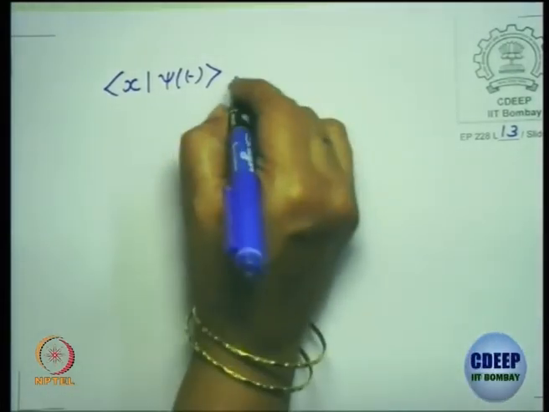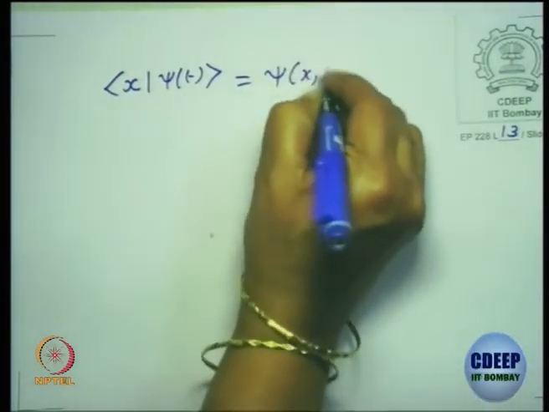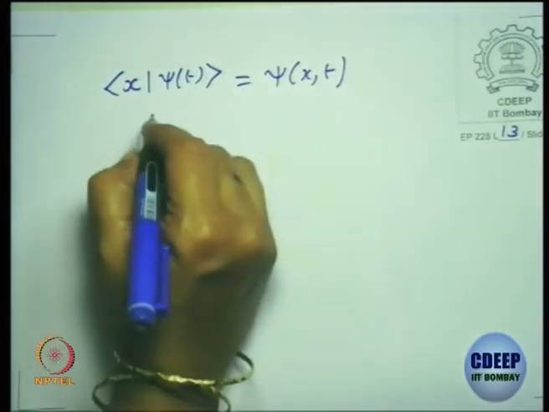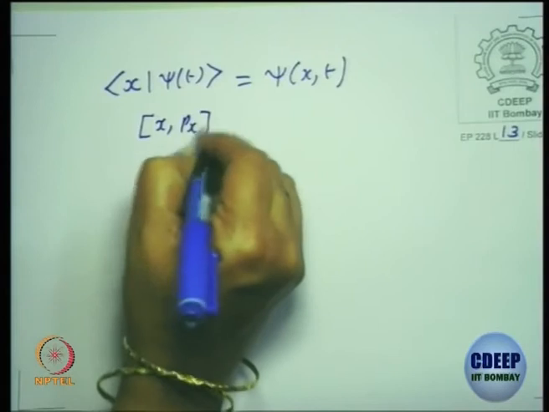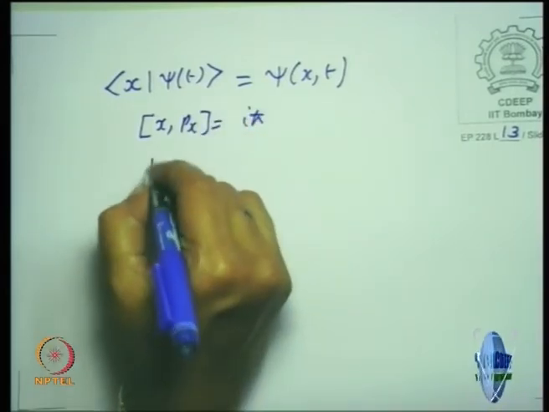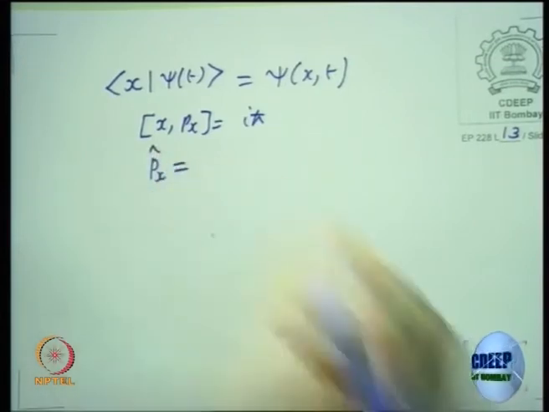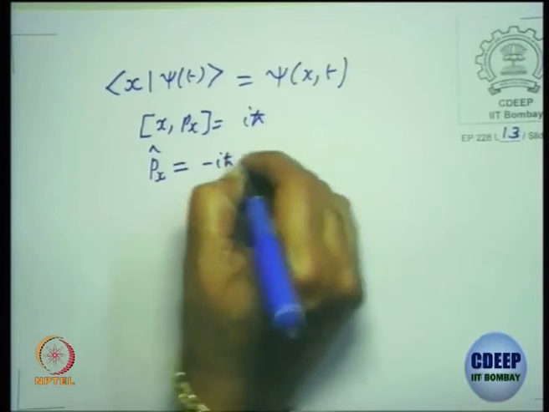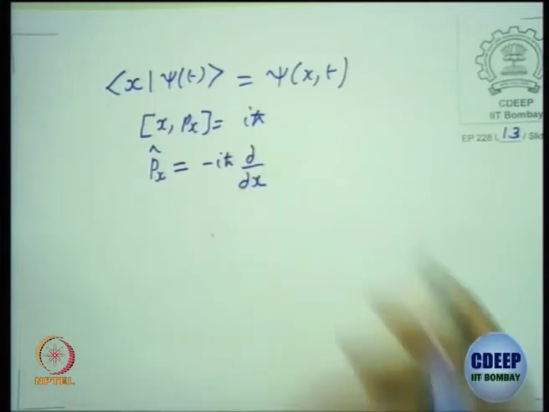This is what we called psi of x comma t. And we also tried to use the commutator of x with px equal to i h cross to determine the representation for the px operator in the position space as i h cross del by del x.